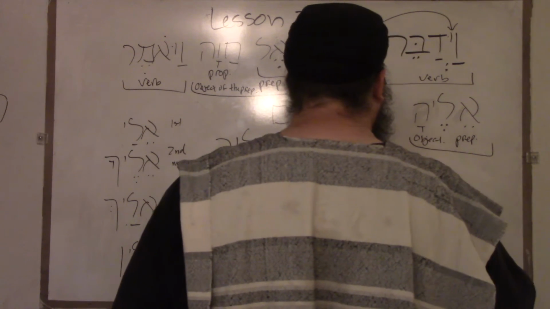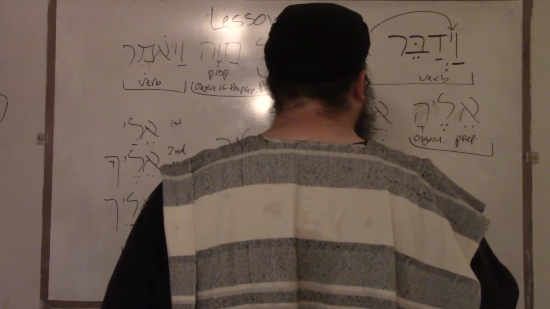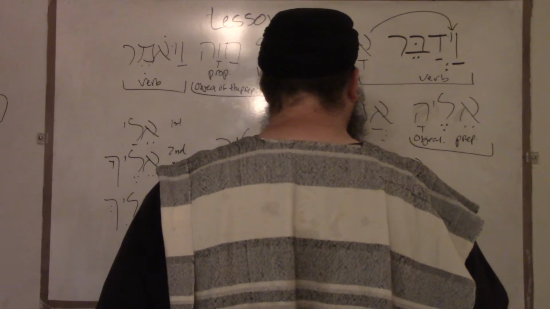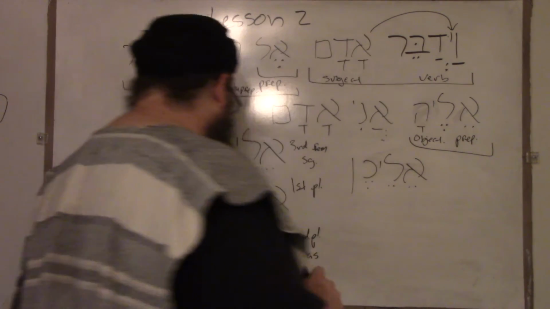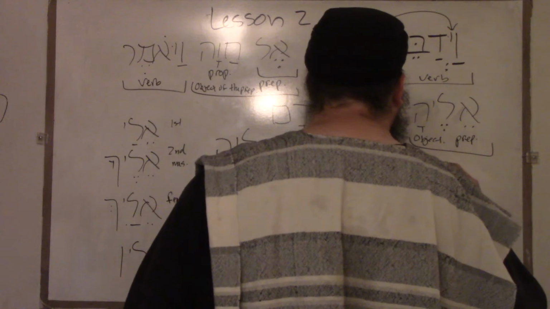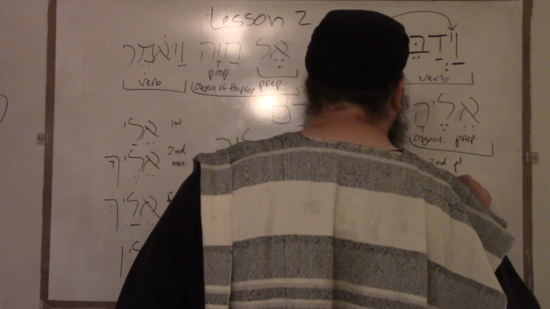And then we got Aleichem, this is the second person plural, unto you, and this is feminine.